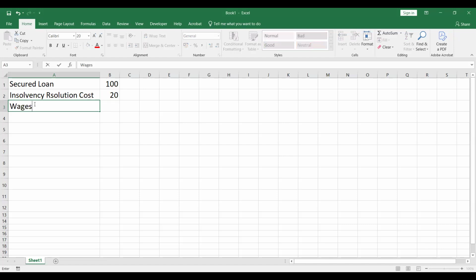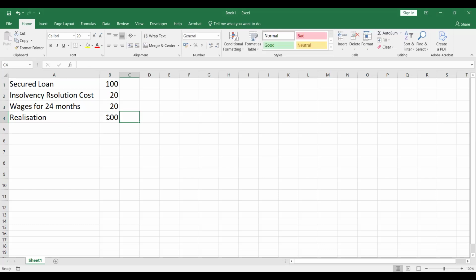Wages for 24 months are 20. Realization is 100. Let us take different realizations: 100, second is 40, third is 20.